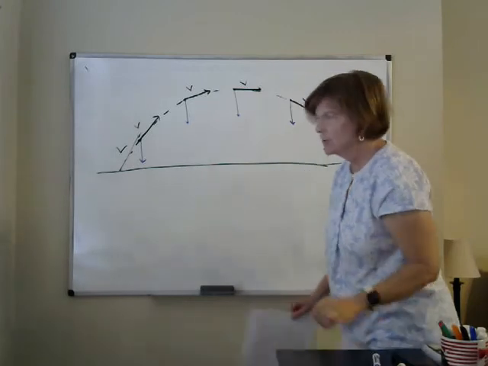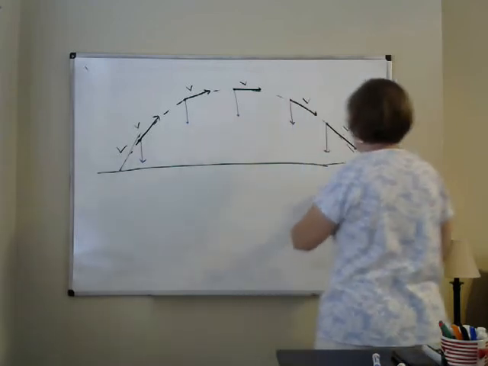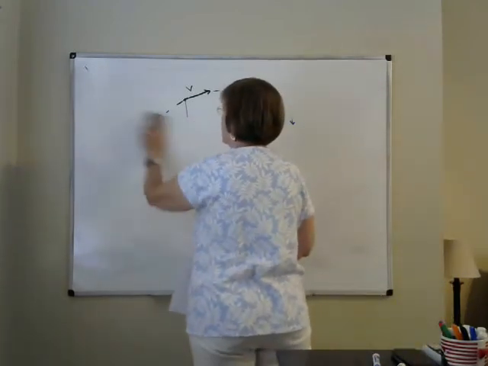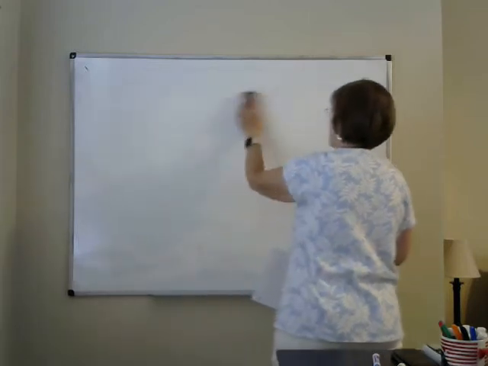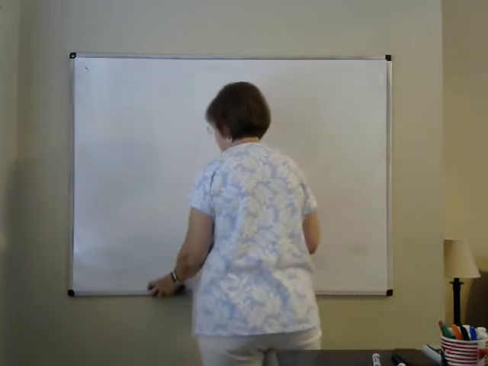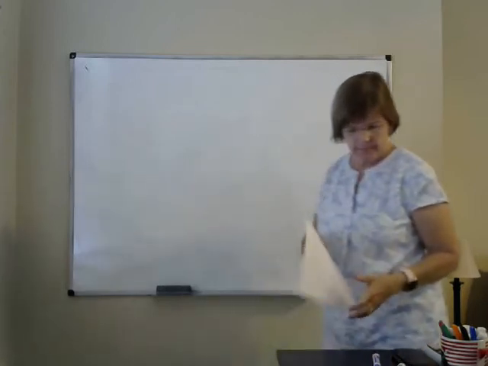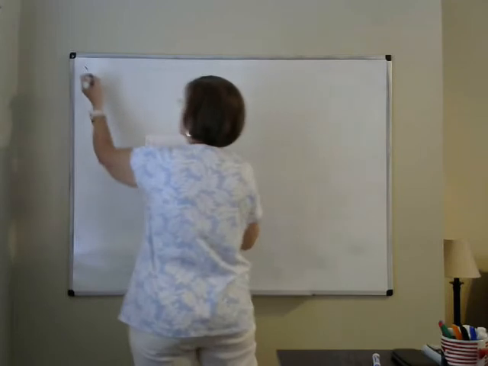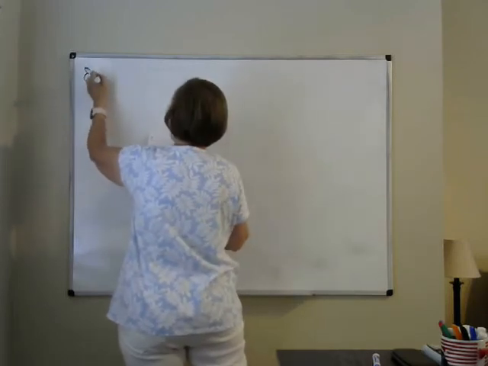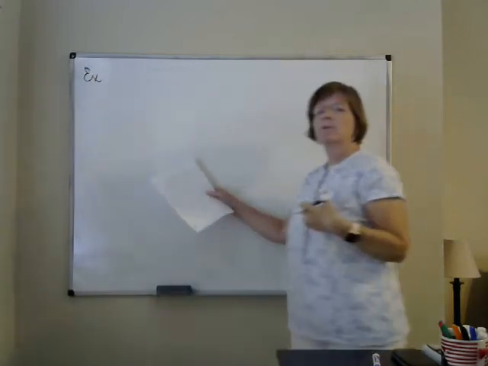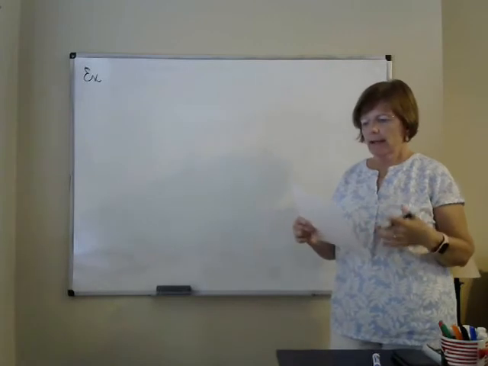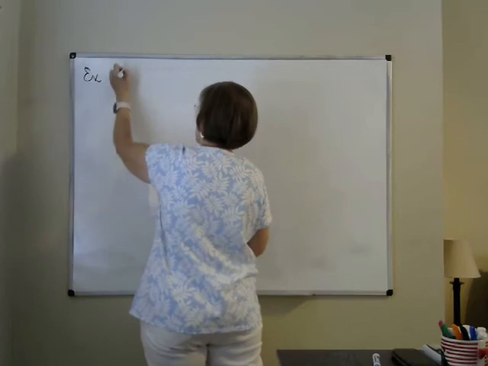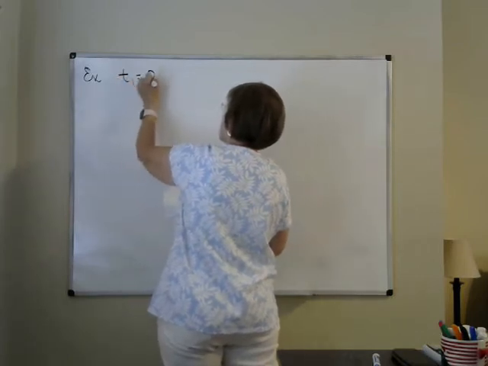Okay. Let's look at just an easy example. Suppose we have a remote control car on an empty lot. At t equals 2 seconds, we're going to call that t1, that's 2 seconds.